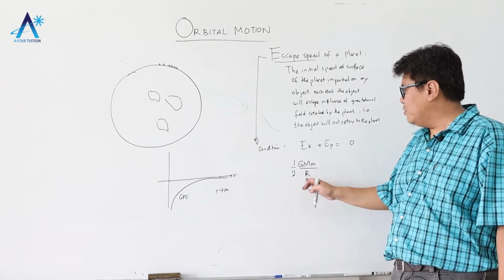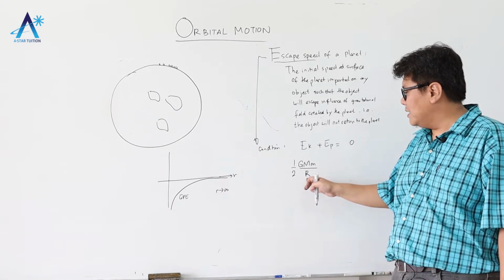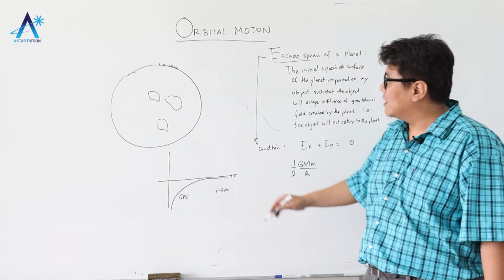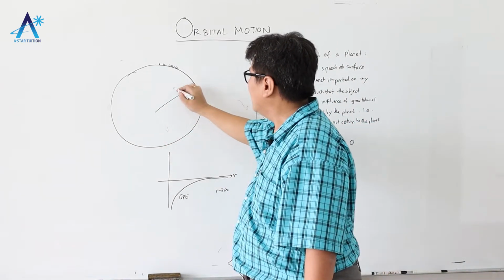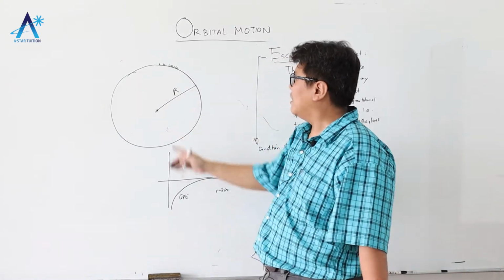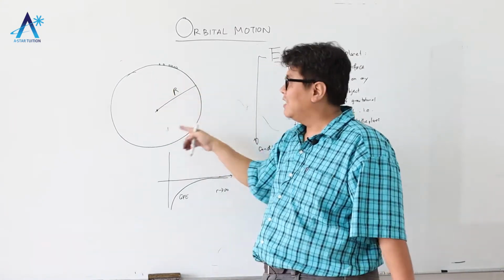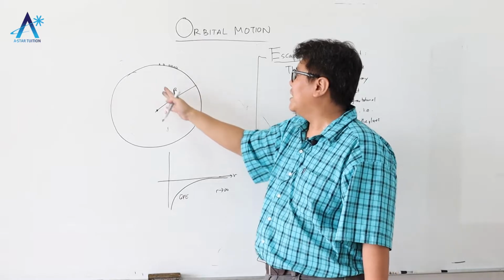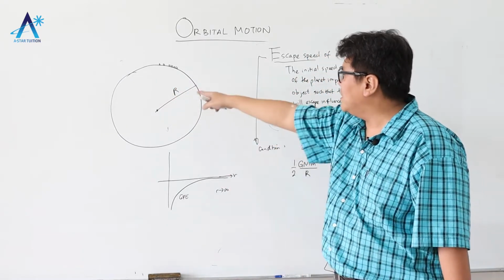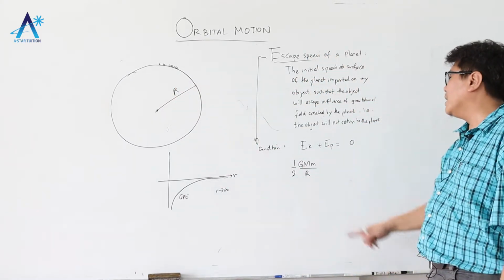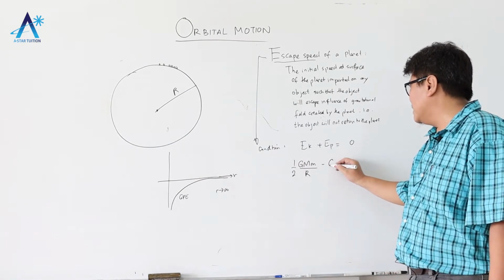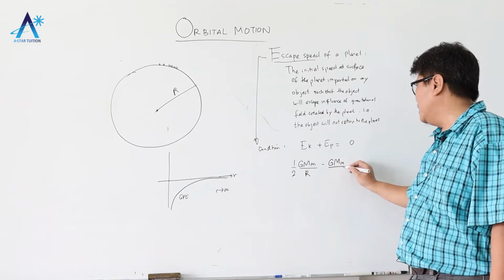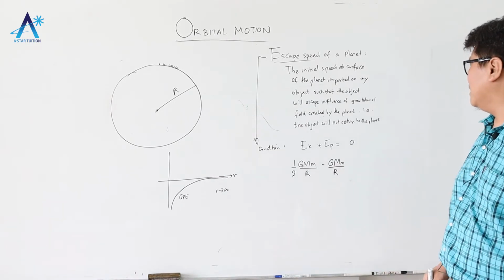But here the orbital radius is exactly the radius of the planet. I thought I mentioned that this was a moon, but imagine this is a planet, so the radius is r. So we use r as the orbital radius. And here the potential is minus GMm over r.